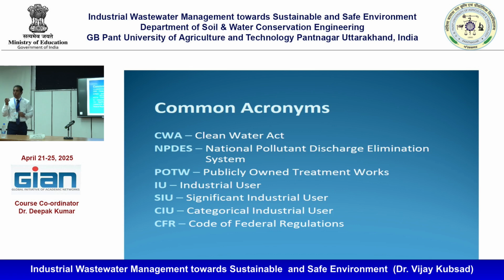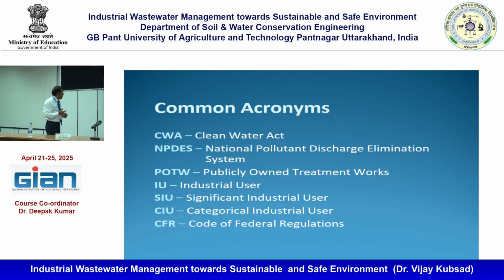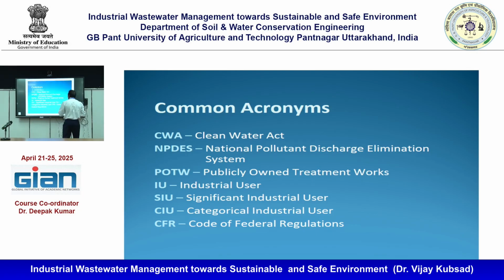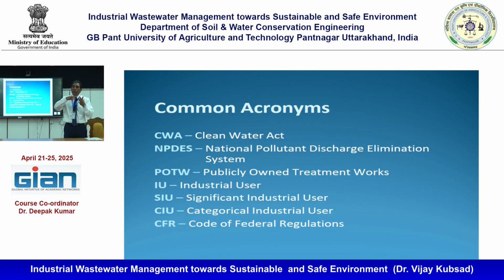If the quality is worst, if they are discharging anything concentrated, then we have to be careful how they are doing, what they are doing. All this is covered under the federal regulations. Federal regulation at the national level, and the state regulations, and the local regulations in the small towns.